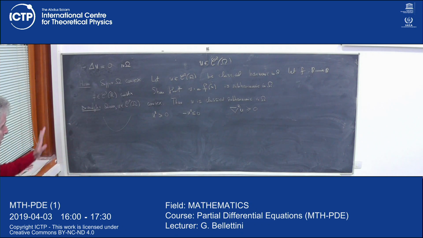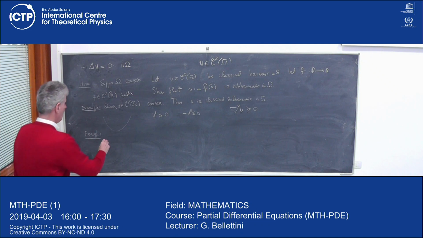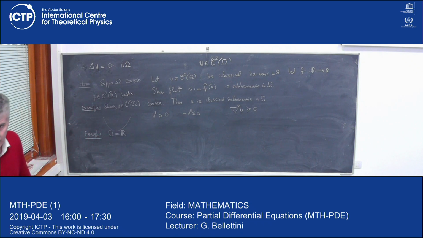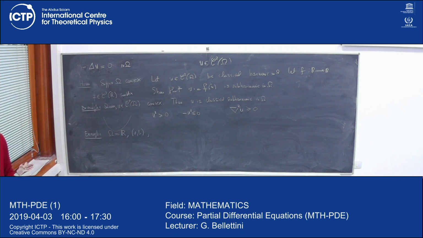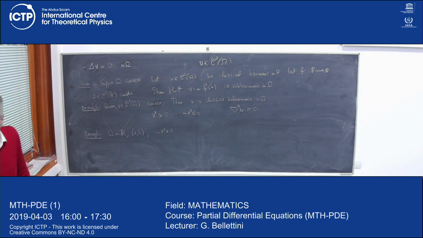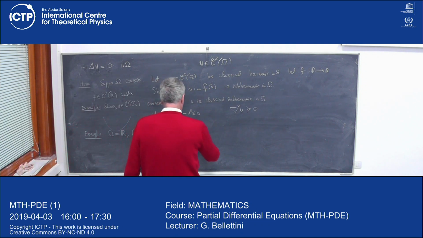Okay. So, examples. Harmonicity in one dimension. Let me tell you some more examples. Suppose that you have omega equal to R, or a segment, or just some interval. If you look for harmonic functions in one dimension, this means simply minus u second equals 0. That in one dimension means simply that linear functions are harmonic.